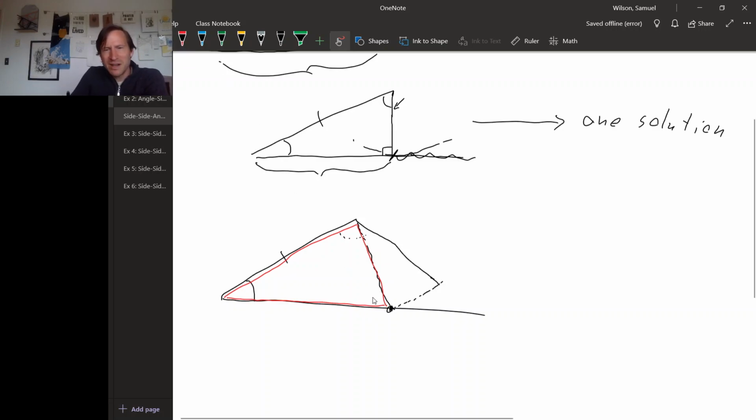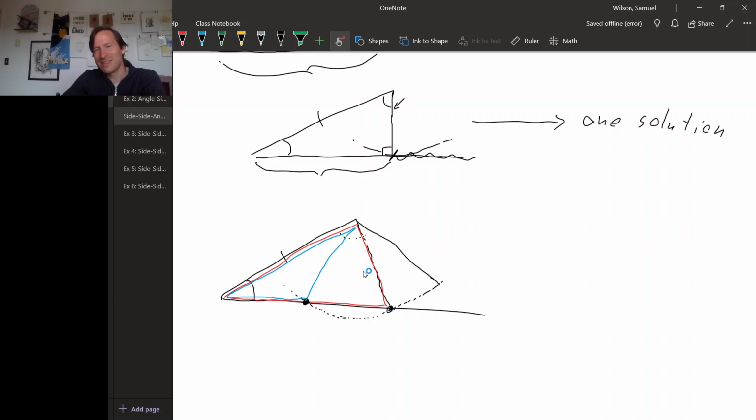But if you keep swinging the right-hand side, eventually it will intersect the bottom side again, right there. And that gives us a whole new triangle, here, here, and here. So in this situation, when the right-hand side is longer than you need to make a right triangle, it looks like sometimes you'll get two solutions.